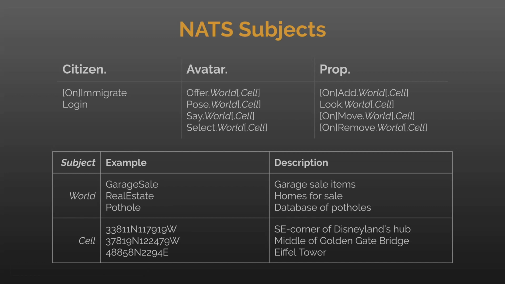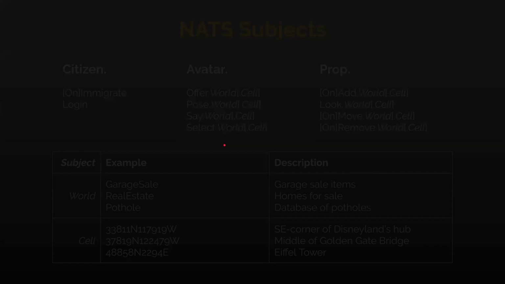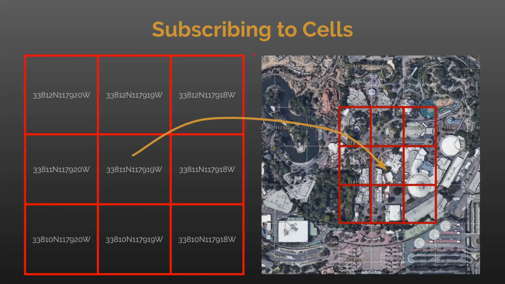So if I'm here in California, I don't really care what's happening in Paris, France, someone building something at the Eiffel Tower, for example. I'm only interested in what's nearby me. So we have this concept of cells, and the way we do that is using NATS, we subscribe to just the cells in our immediate neighborhood that we're interested in.